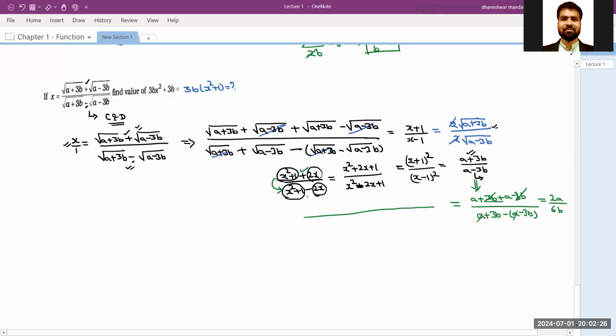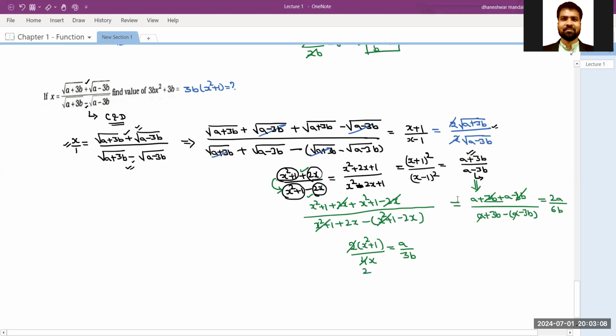If I add these two terms, then the minus term will be cancelled out. And if I subtract denominator from numerator, then this term will be cancelled out. So from here I get 2 times x square plus 1, and from here I get 4x, which is equal to a divided by 3b. So if I cancel these two terms, then 2 is there.